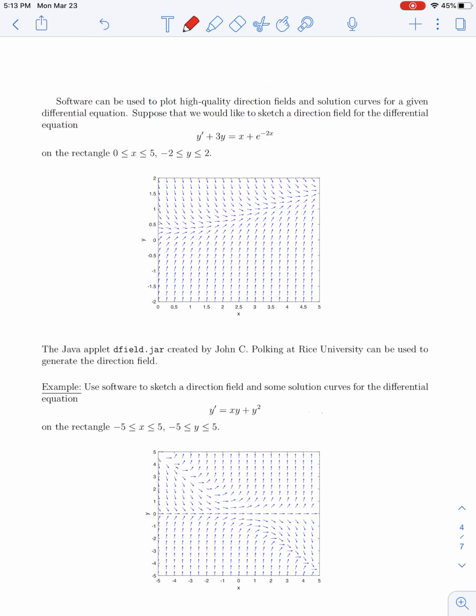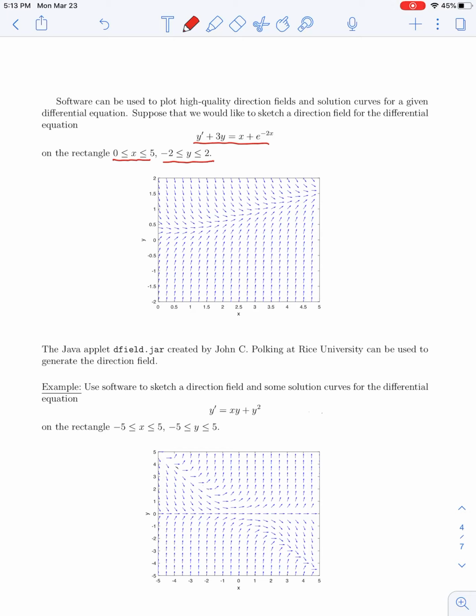For example, let's suppose that we have the first order equation y prime plus 3y is equal to x plus e to the negative 2x. And we want to visualize a direction field for that equation on the window from x equals 0 to 5 and y equals negative 2 to positive 2.